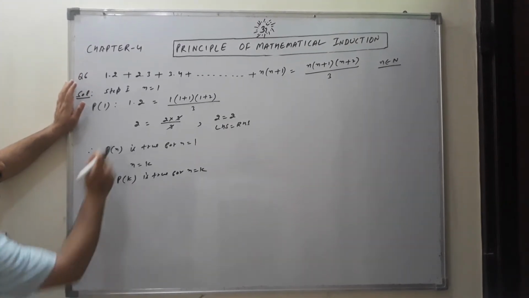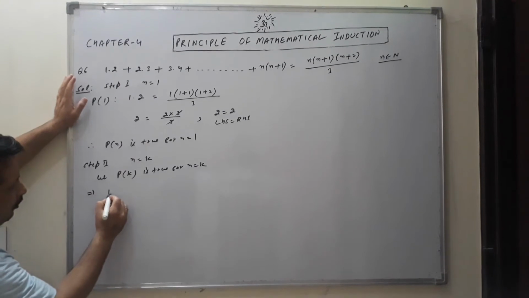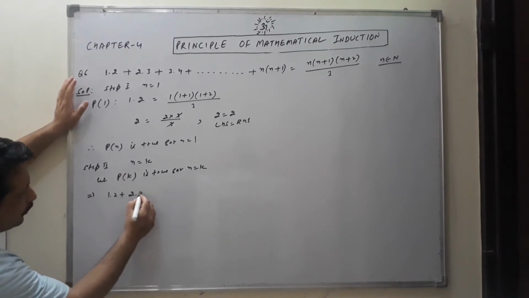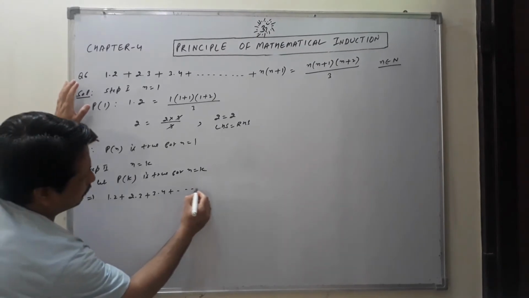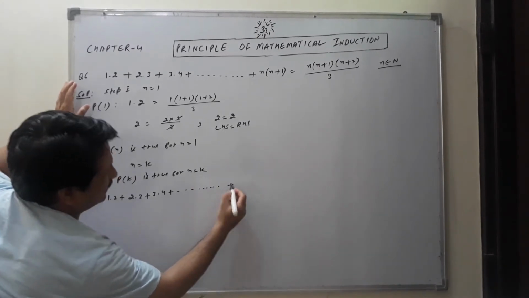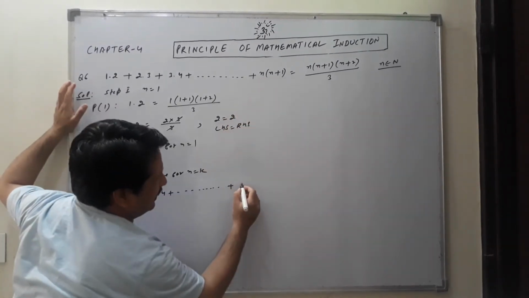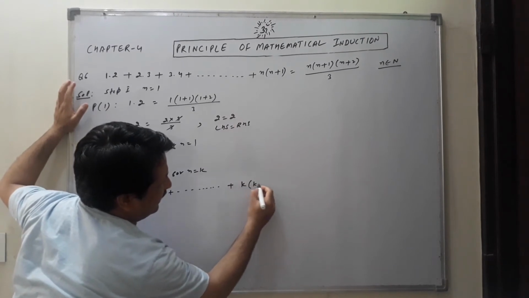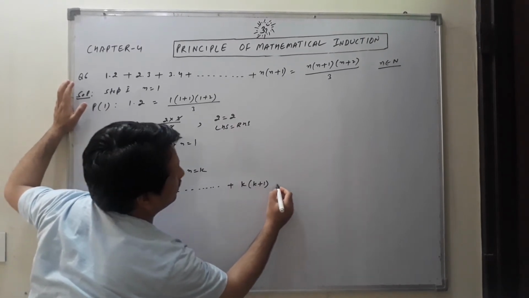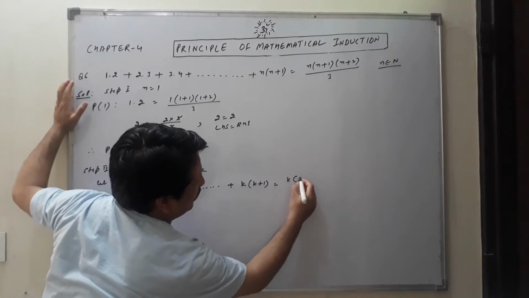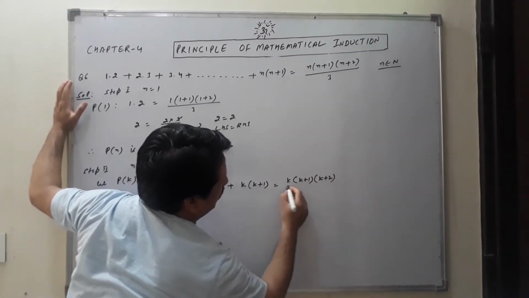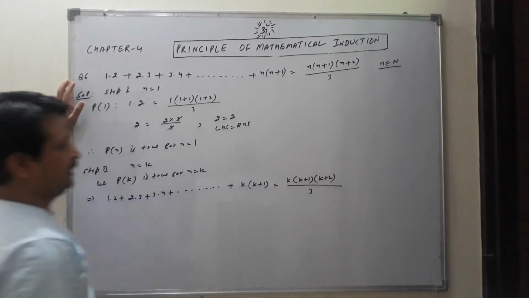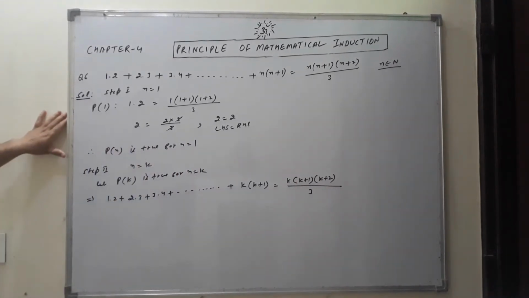This implies 1 into 2, 2 into 3, 3 into 4, plus so on, plus, at the place of n we will write k into k plus 1, is equal to k into k plus 1 into k plus 2 upon 3. This is your second step.